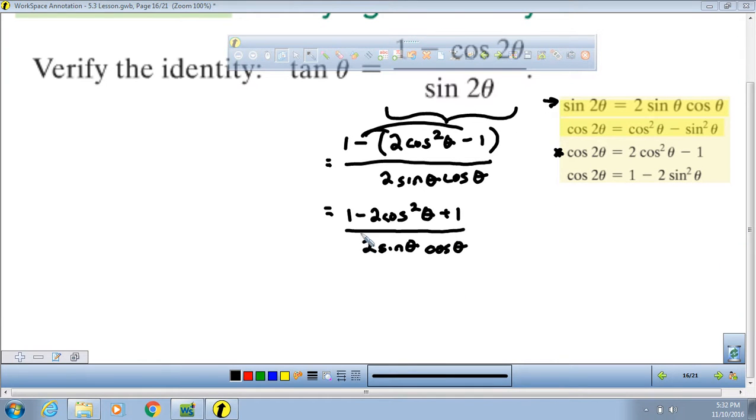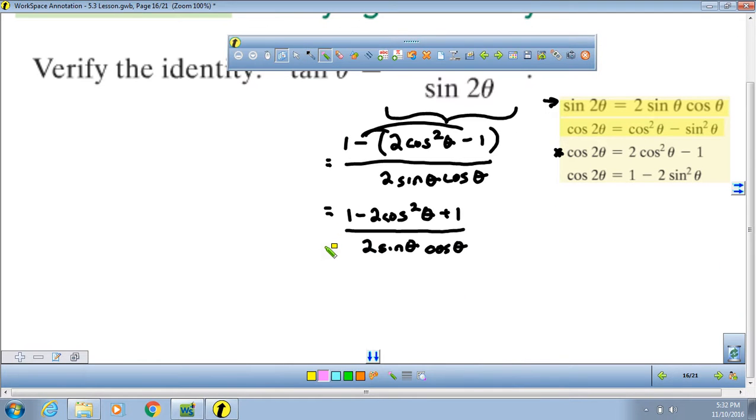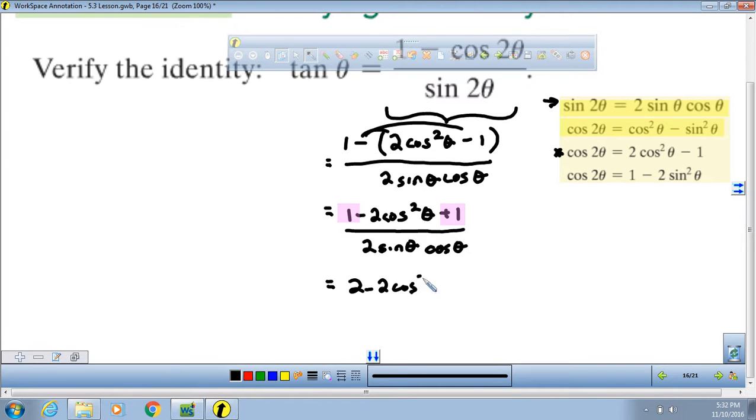Then, what else can we do? Look at it very carefully. Look at the numerator. Combine like terms, right? That is going to be 2 minus 2 cosine square of theta over 2 sine theta cosine theta.